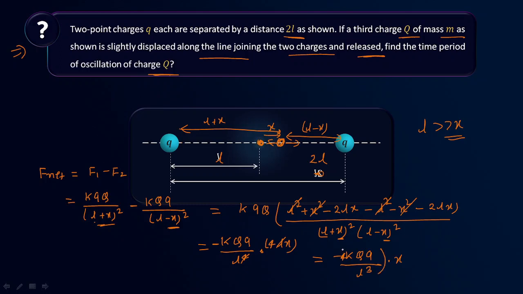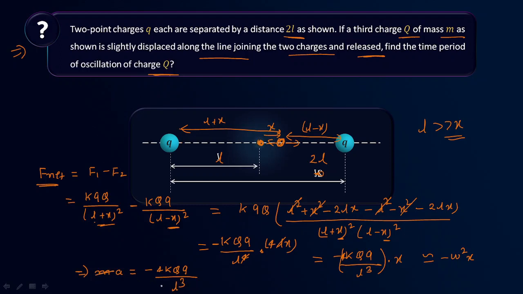Now this term, can I say that it is approximately equal to minus omega square x? Similar format? Yes or no? So we have now, this is F net. So M A equals the value we got, minus of 4KQQ divided by L cube.